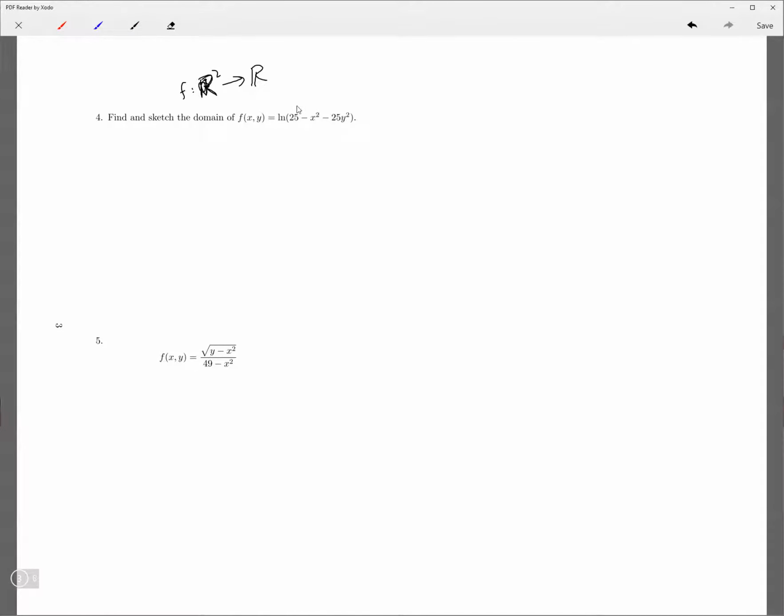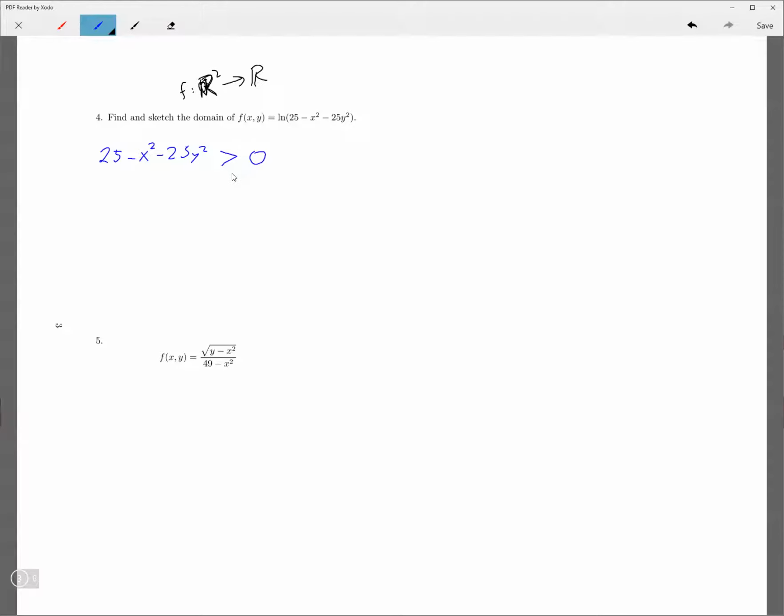Does anybody remember? It can't be negative, correct? Right. It can't be negative. It can't be 0 either. Right. So that means it has to be greater than 0. Okay. So it has to be like that.